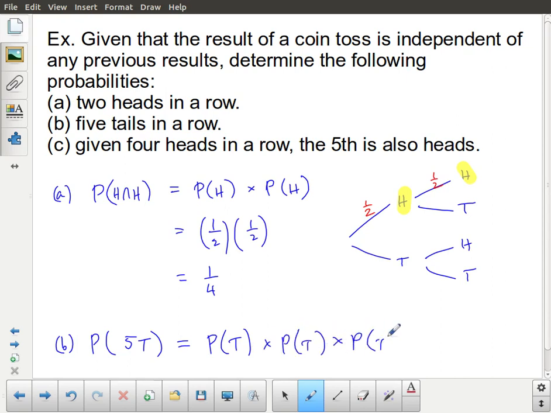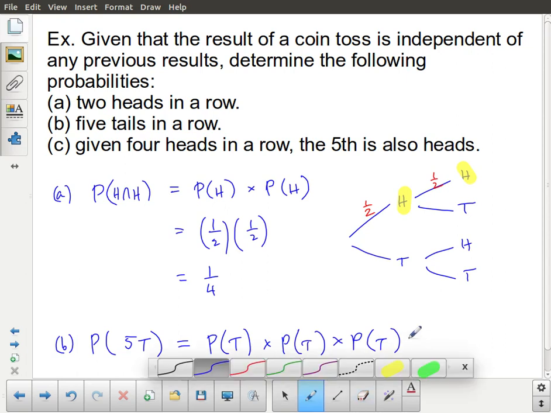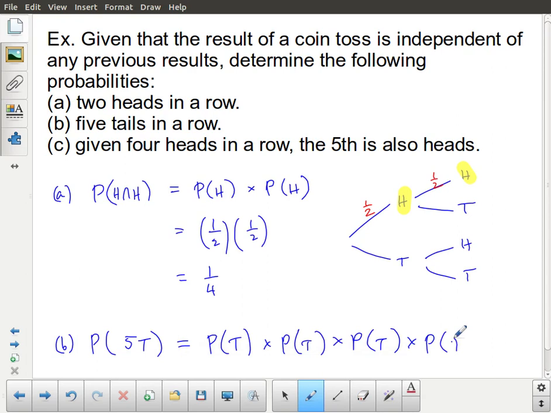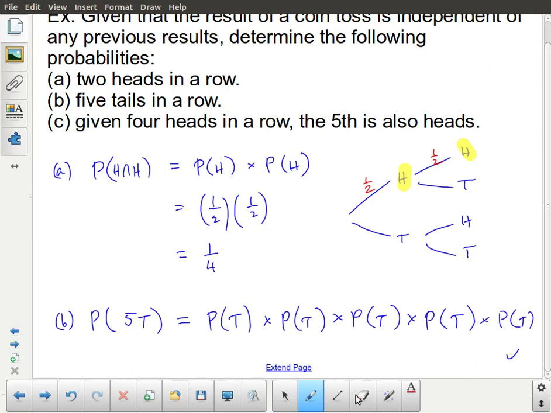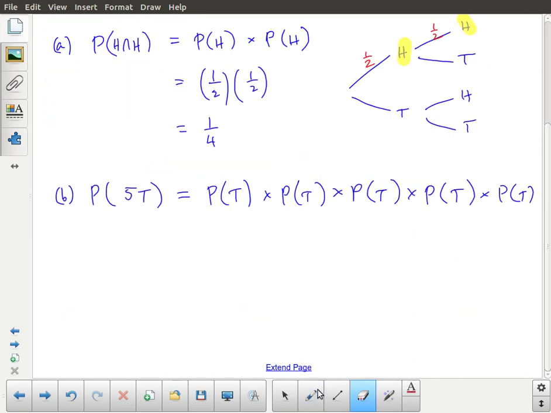And so I still am going to end up writing out something that's longer than I would normally want to deal with. Each one of those is going to be a half, but there are 5 of them multiplied together. So that's actually 1/2 to the power of 5, and that is 1/32.